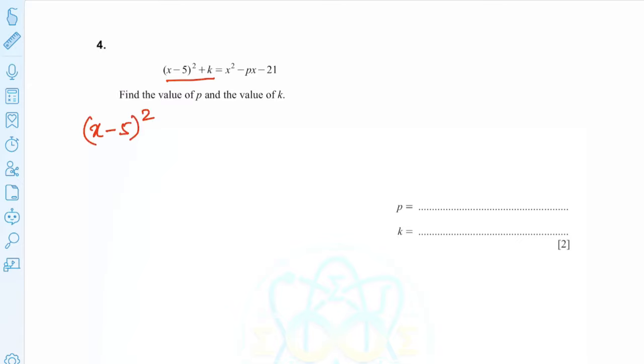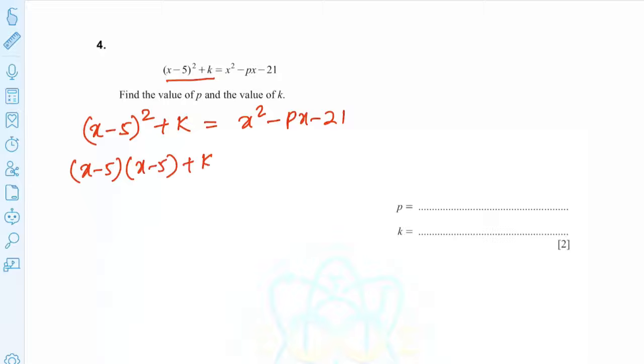(x minus 5) squared plus k equals x squared minus px minus 21. So here I can write down (x minus 5) times (x minus 5) plus k, right? You need to expand this multiple bracket. So x times x, minus x times 5, I'll get x squared minus 5x.